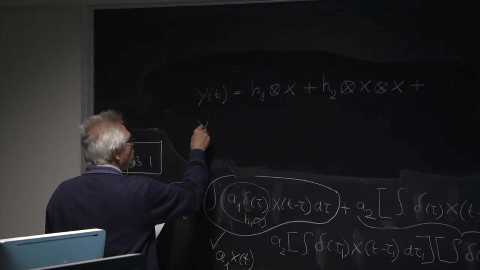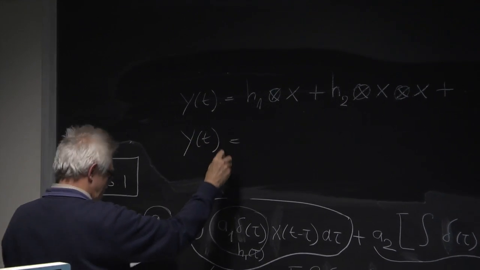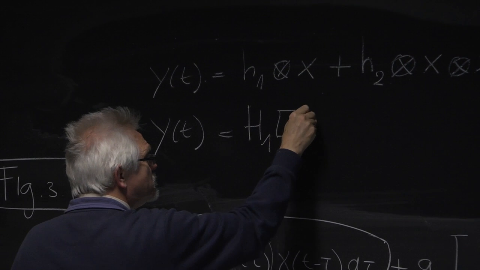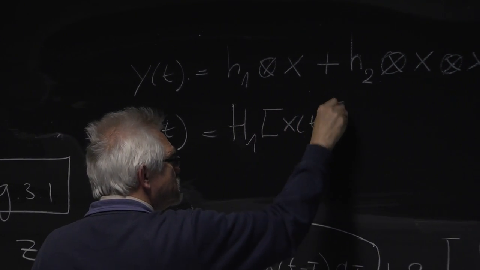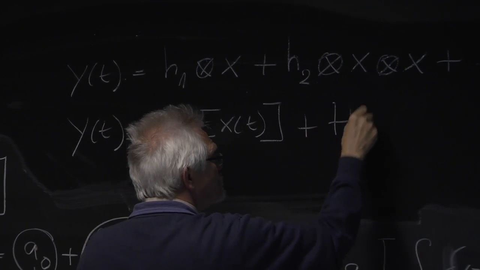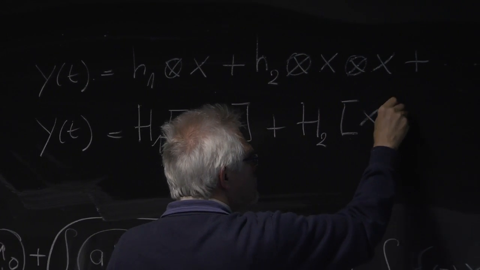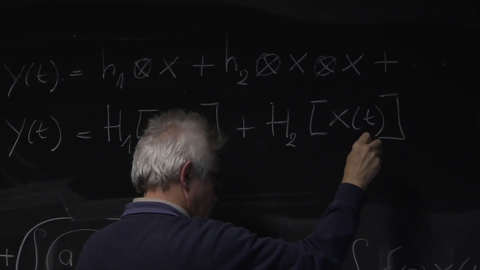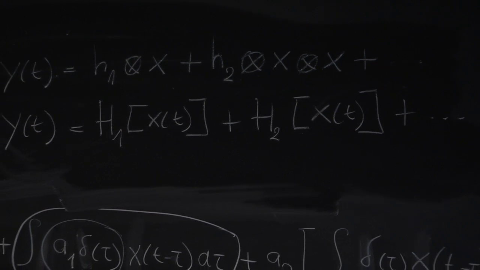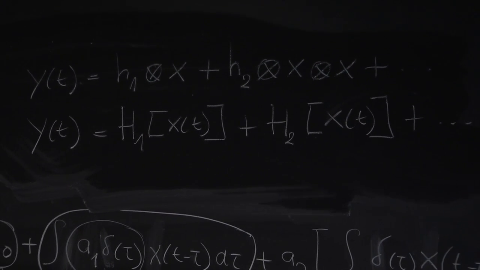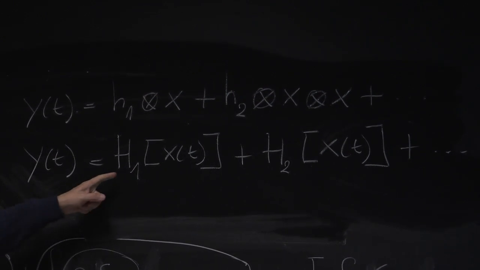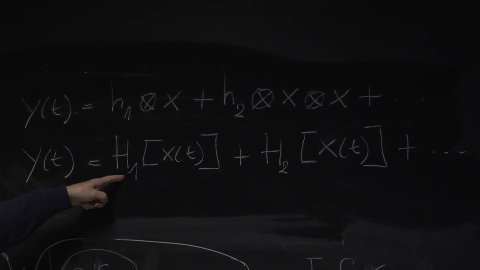Another way that it's often written down is like this. Can be practical too. Then you say, well, my output is some first order, in this case, you would call this an operator.